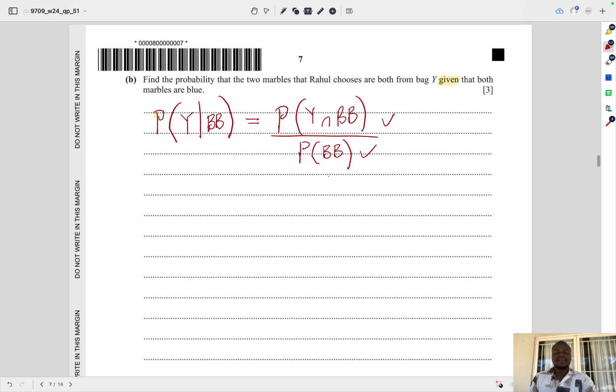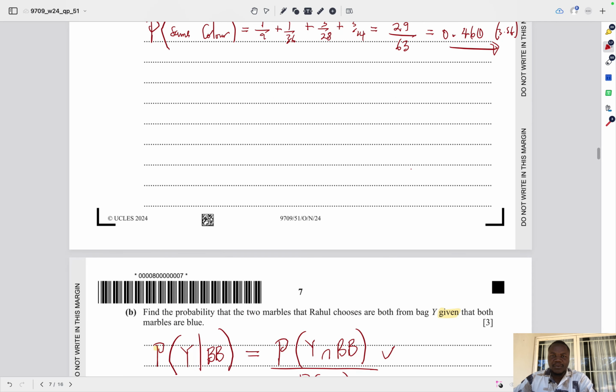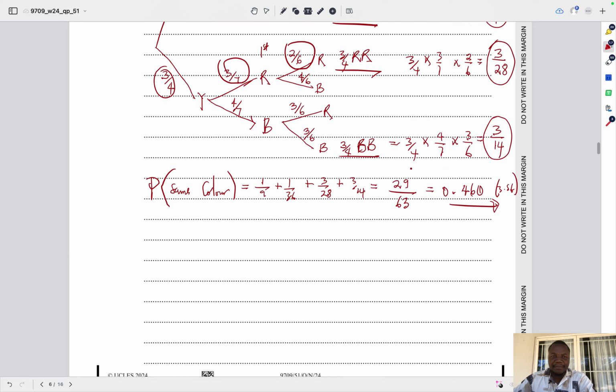And then here it's very easy to actually find this. We are going to look for color blue blue from bag Y, which would stand for Y intersection blue. So we're just going to go back and pick from our tree diagram which 2 balls were from bag Y. What are those probabilities in bag Y?